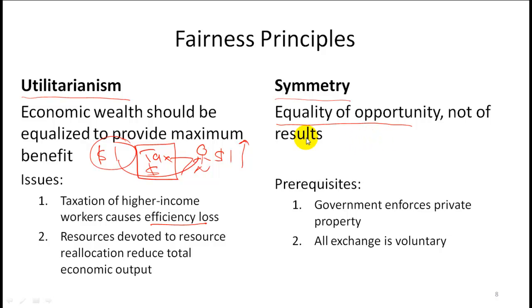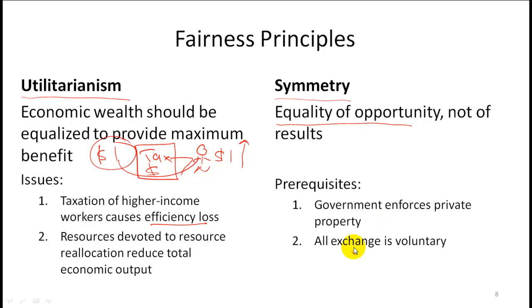What are the prerequisites for this principle of symmetry to work? There are two fundamental prerequisites. One is that the government must enforce private property, which means that if you own something, if you have earned something, then that is yours, and somebody else gets it from you only if there is a voluntary exchange.